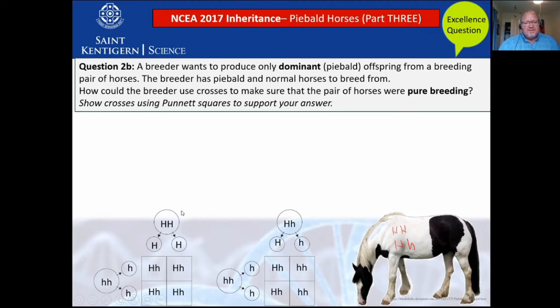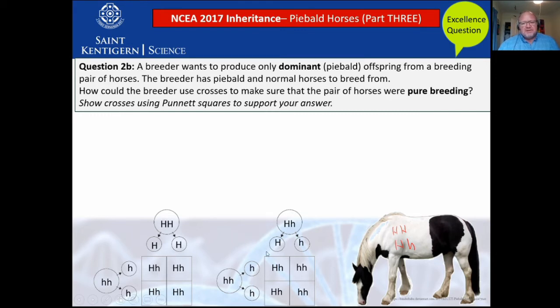If the horse is homozygous dominant, it's got a 100% chance, like here, to produce an offspring that is piebald. That is for every fertilization. If this horse is heterozygous, it's got a 50-50% chance of producing a piebald or a normal horse.